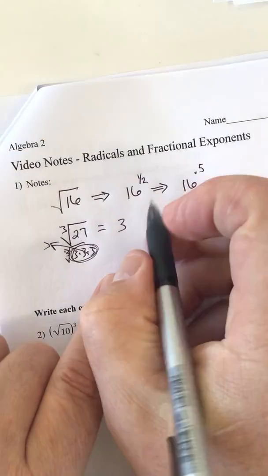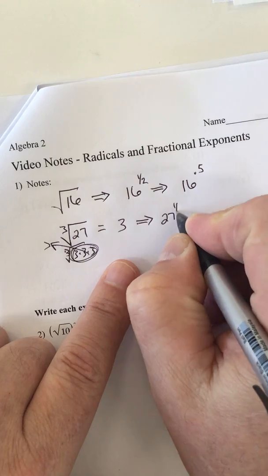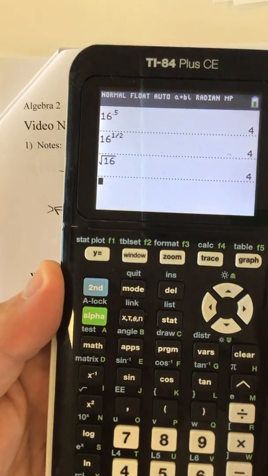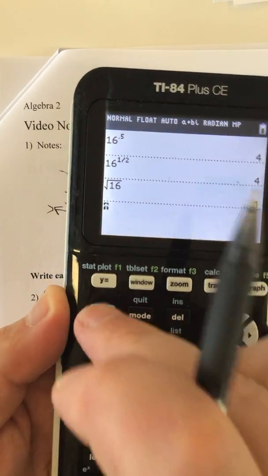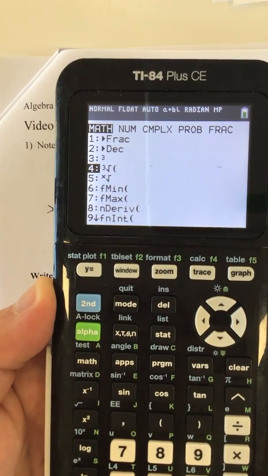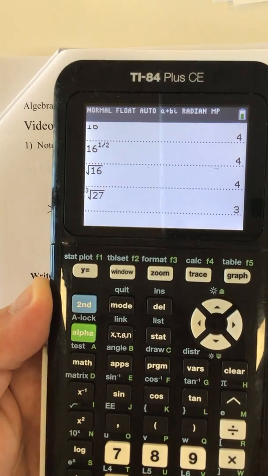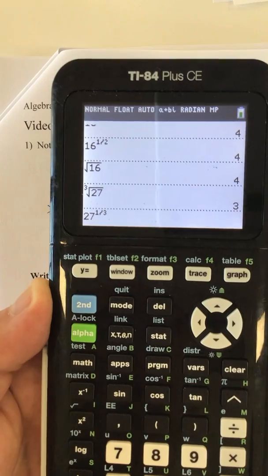Okay, I can also write that same notation as 27 to the third root. On a calculator, now it's much harder to find the third root key. It's under math. There's the third root of 27. That should produce 3.